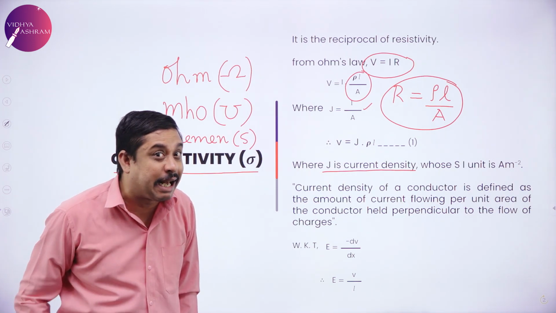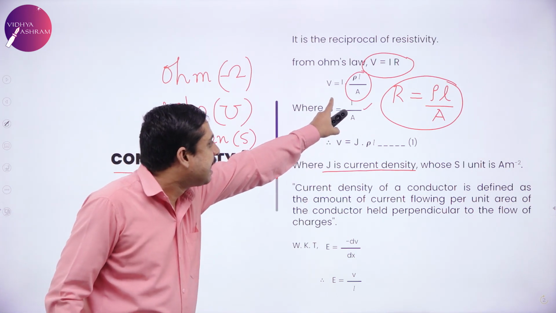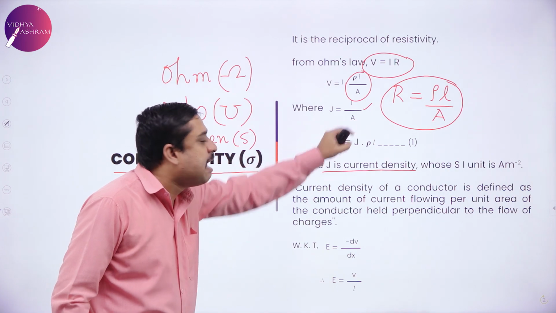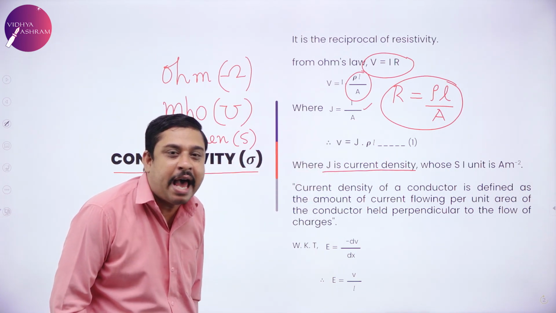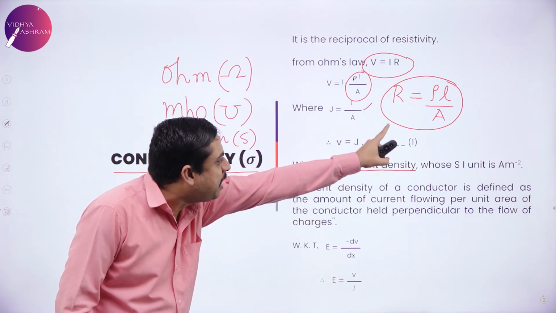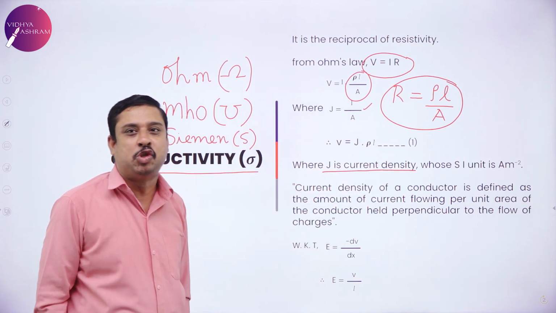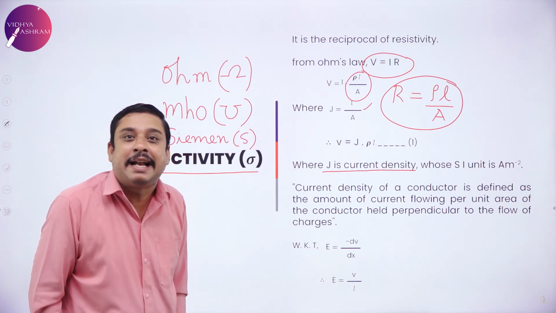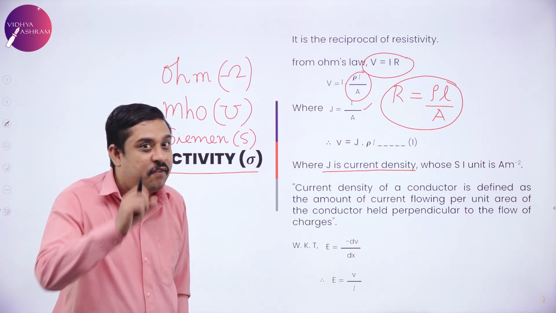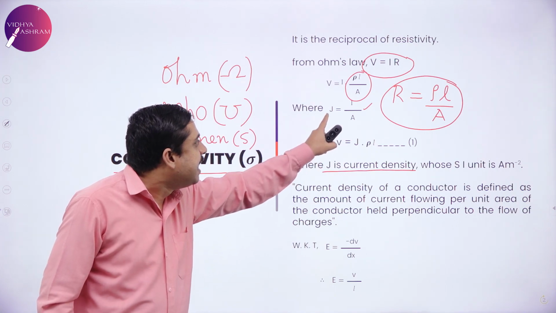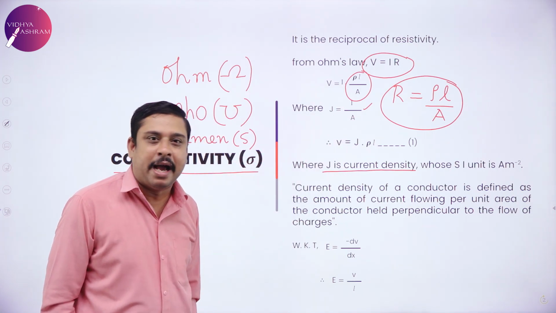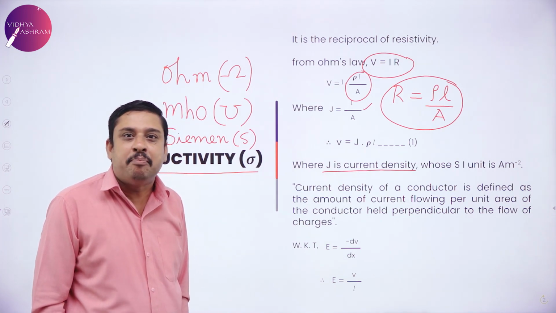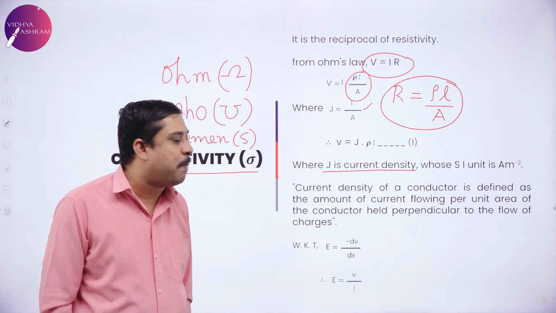A 1 mark question can be asked relevantly. Current is ampere, area is meter square. So ampere meter minus 2. So remember, J, current density, a very important factor, is I divided by A, whose SI unit is ampere meter minus 2.